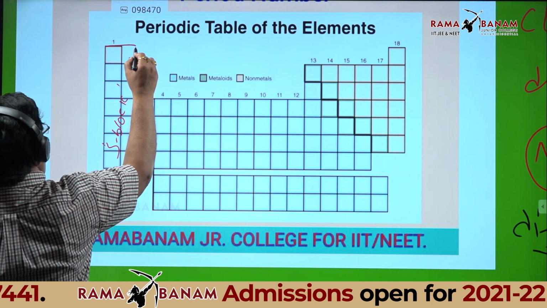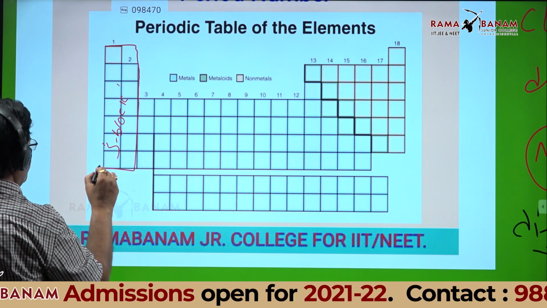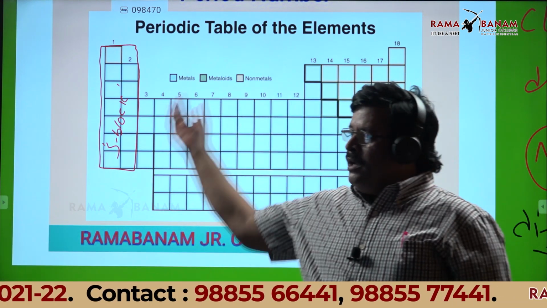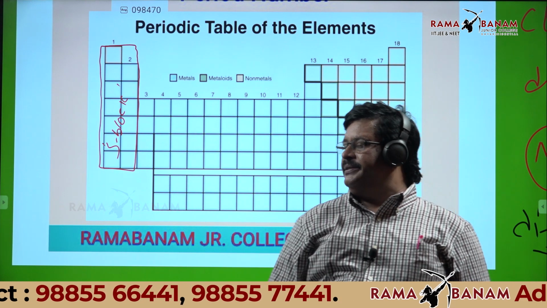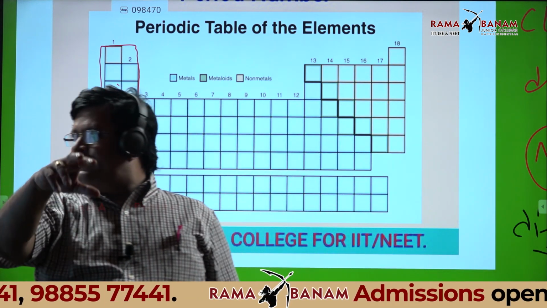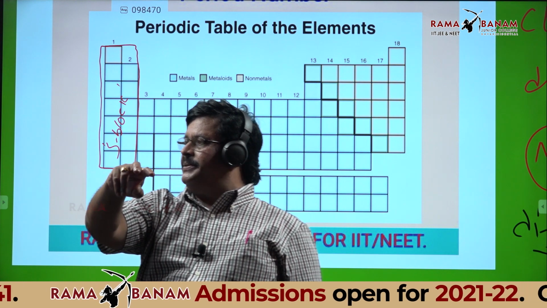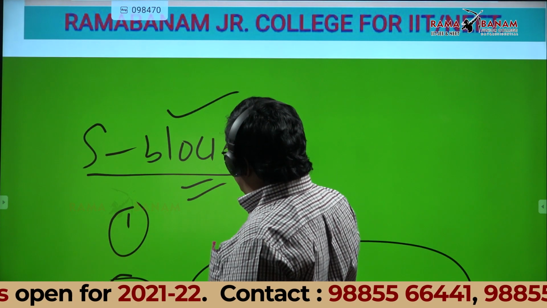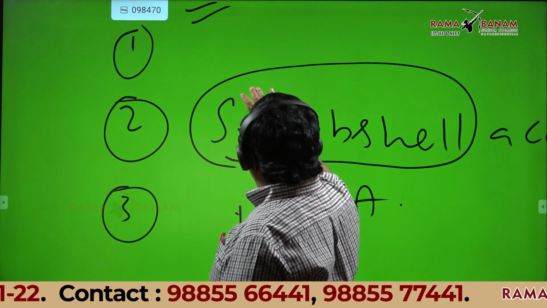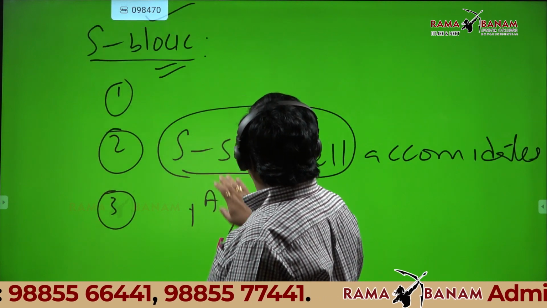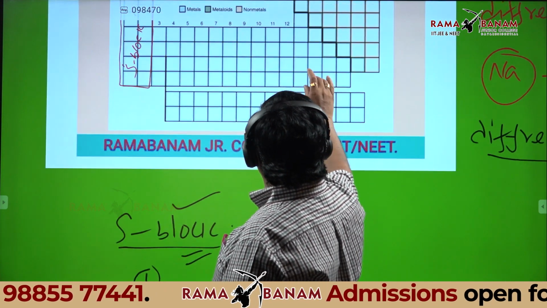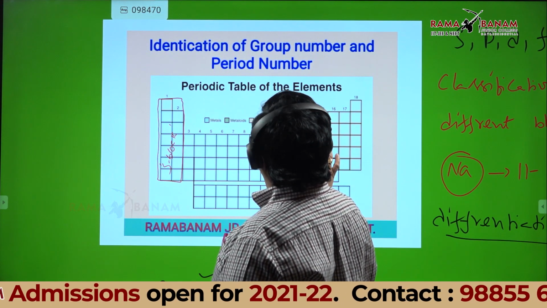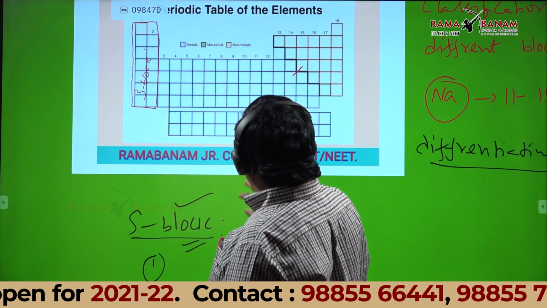Then what is the name of 1A group elements? Alkali metals. What is the name of 2A group elements? Alkaline earth metals. Write the next point in S block: 1A group is alkali metals, 2A group is alkaline earth metals.